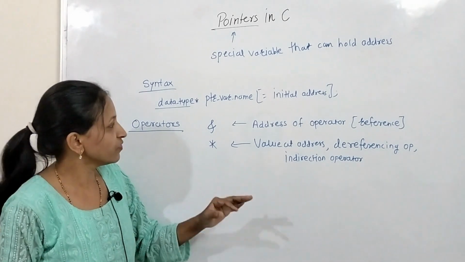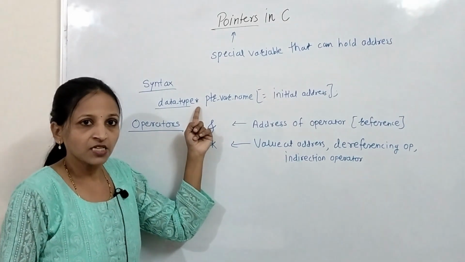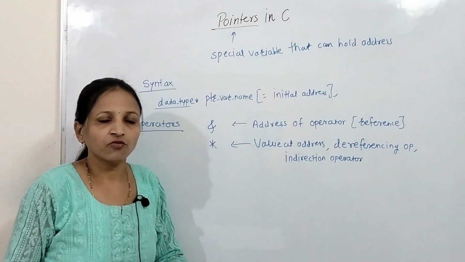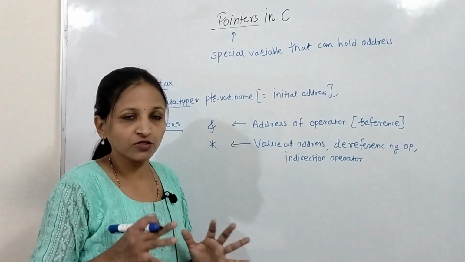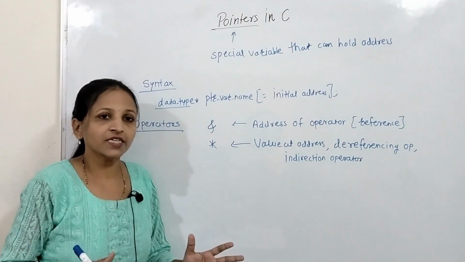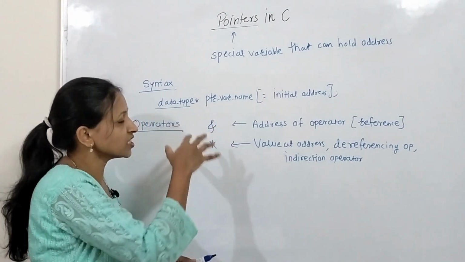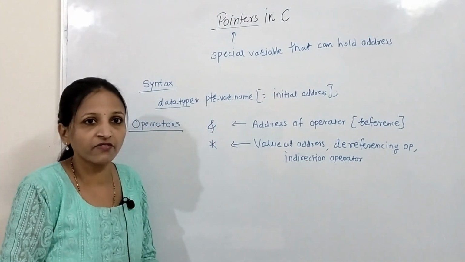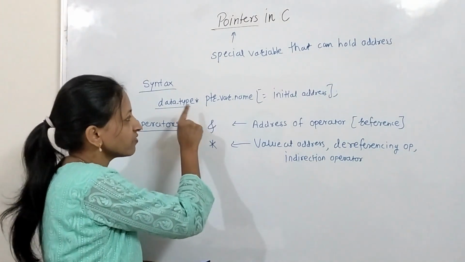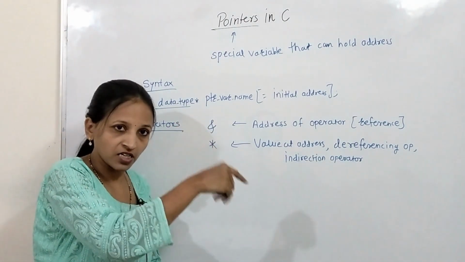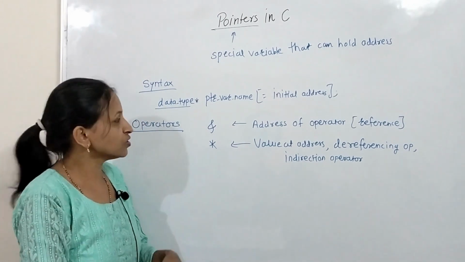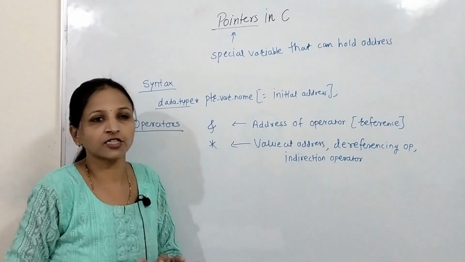Always keep in mind, if we are using the star in syntax, meaning while declaration of a pointer, then its meaning is that we are just mentioning that the variable is not a normal variable, it is a pointer variable. For expressing that, we have used that star in the declaration part.